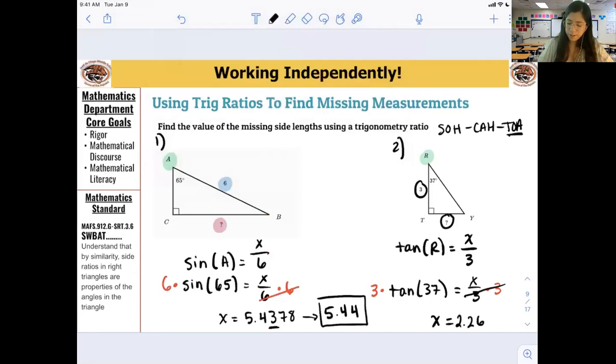Careful, Tyrone, you just rounded it to the nearest tenths place. But we're rounding it to the nearest hundredths place, because what's the long number you end up getting? The tangent of 37 times 3, the long number you get is 2.2606. So if I'm rounding to the nearest hundredths place, that's the 6, it stays a 6. You don't round it up.